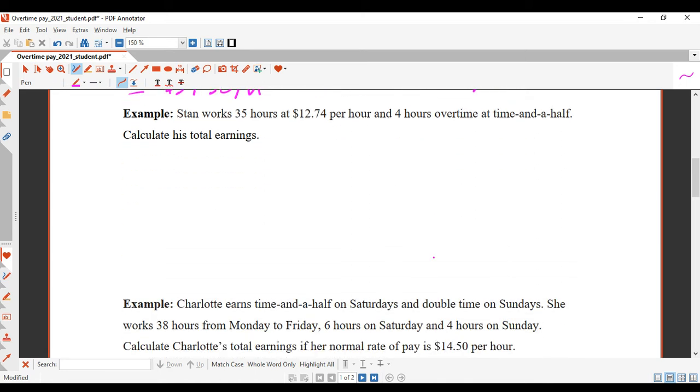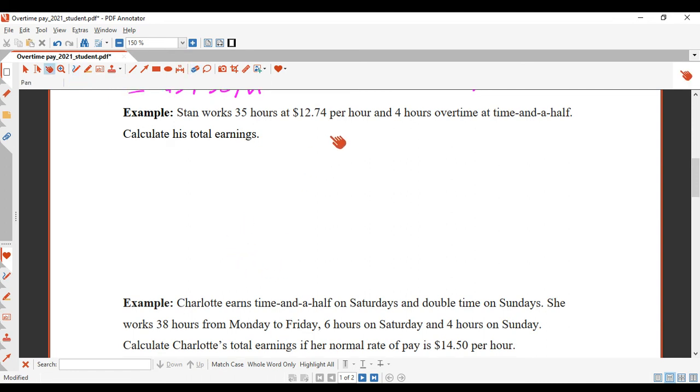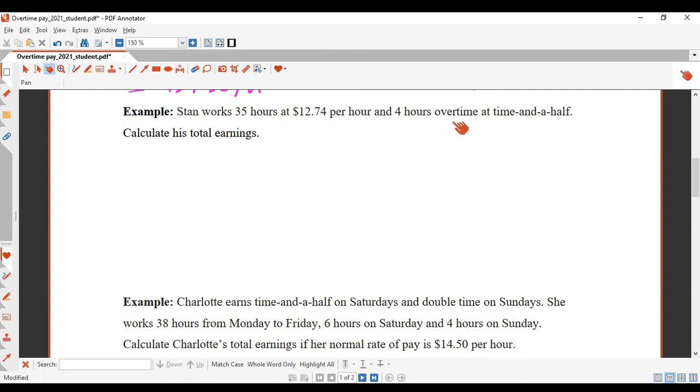All right. Now, let's look at this example. Stan works 35 hours at $12.74 per hour, and 4 hours overtime at time and a half. Calculate his total earnings. Well, 35 of the hours is at $12.74.